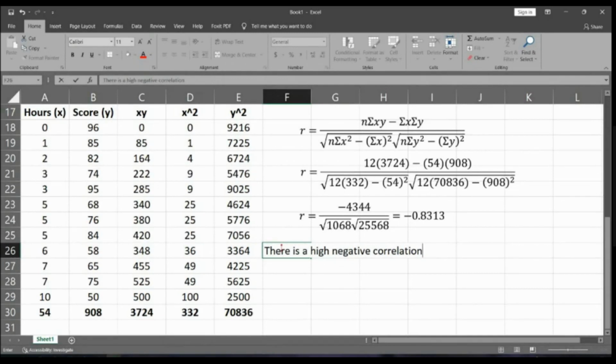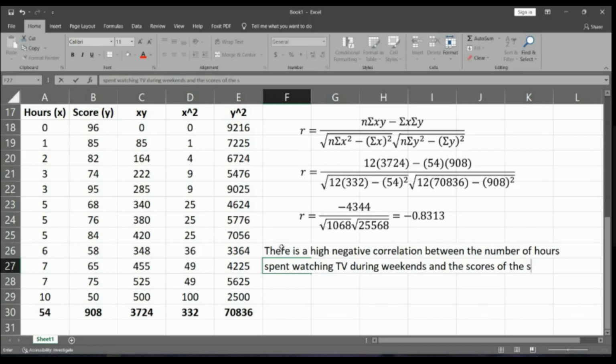There is a high negative correlation between the number of hours spent watching television during weekends and, okay, the other variable, the scores of the students in a test.